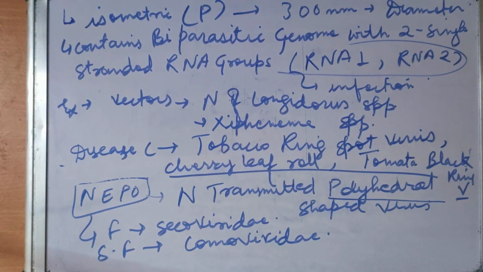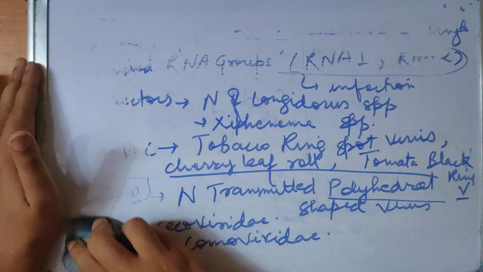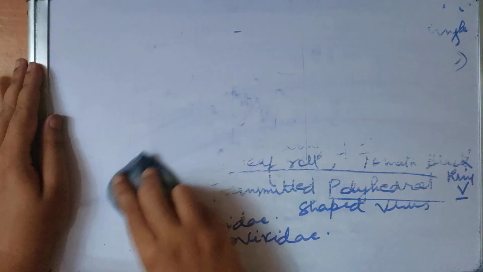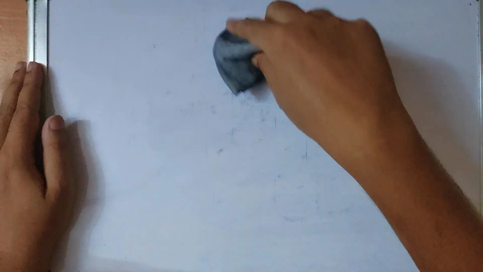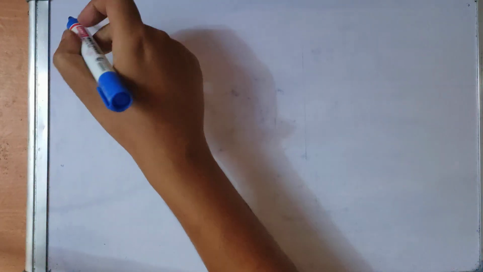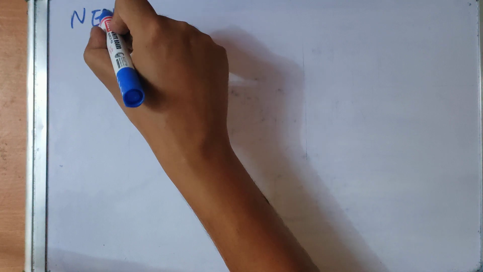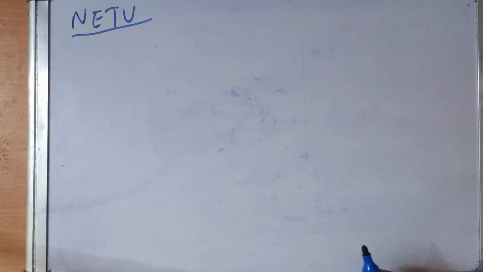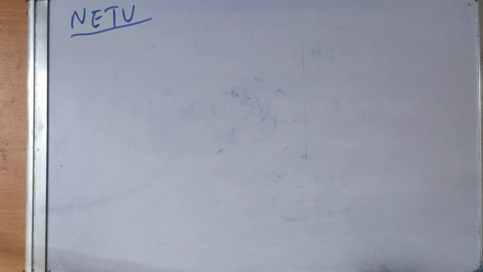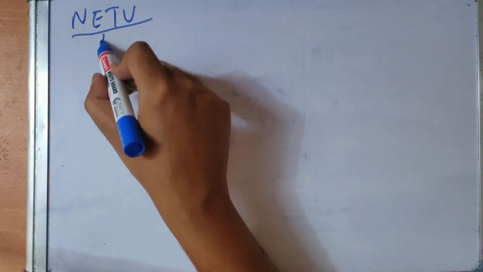Now we will see about NETU. This is nematode transmitted tubular shaped virus.